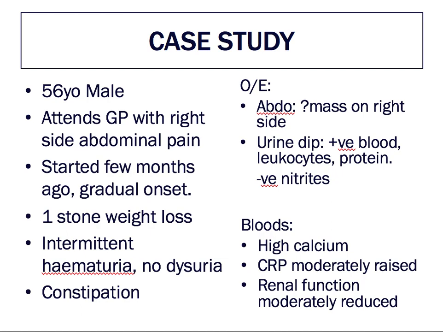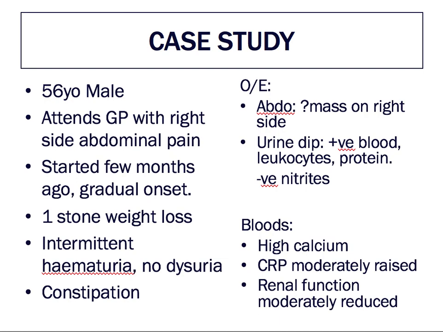On examination, you have a feel of his tummy and it feels soft, but you feel like you can potentially feel a mass on the right side of his abdomen, and you get a urine dip, and it's positive for blood, leukocytes and protein, but negative for nitrites, so you're not convinced about a urine infection.